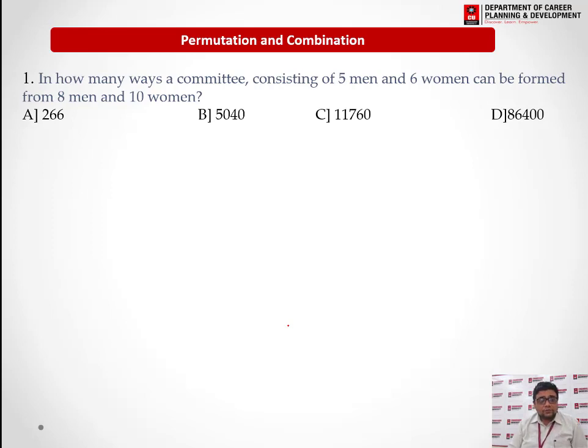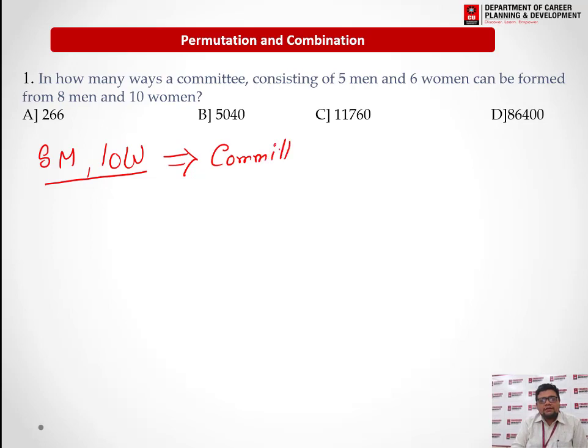Question number 1 is saying, in how many ways can a committee consisting of 5 men and 6 women be formed using 8 men and 10 women. So there are a total of 8 men and 10 women, out of which I have to form a committee having 5 men and 6 women.